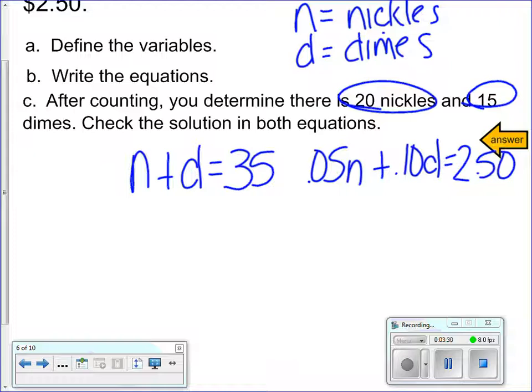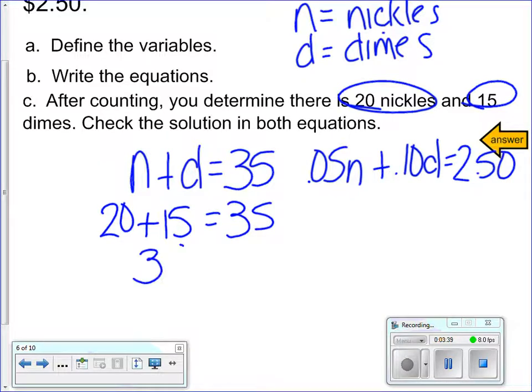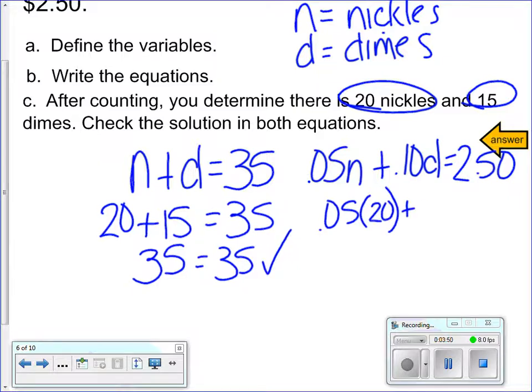It tells us there are 20 nickels and 15 dimes. So let's fill that in to make sure. 20 nickels plus 15 dimes equals 35. 20 plus 15 is 35, so 35 equals 35. Yes. Let's plug in the other one. 5 cents times 20 nickels plus 10 cents times 15 dimes needs to equal 250.